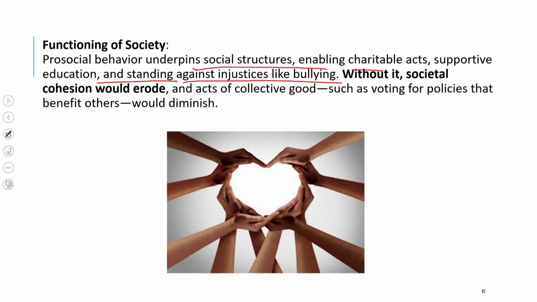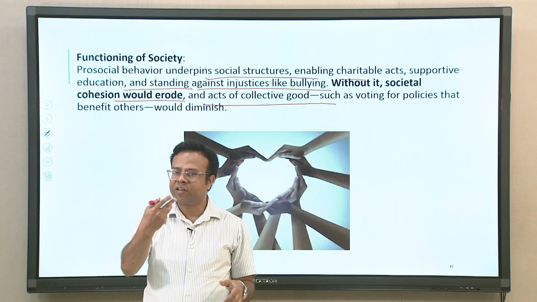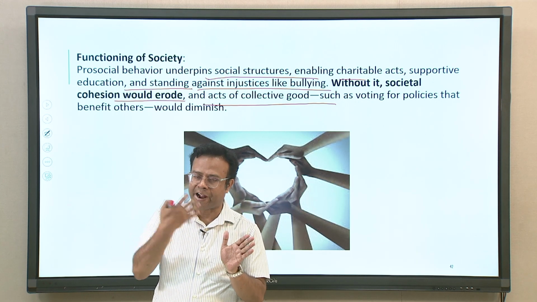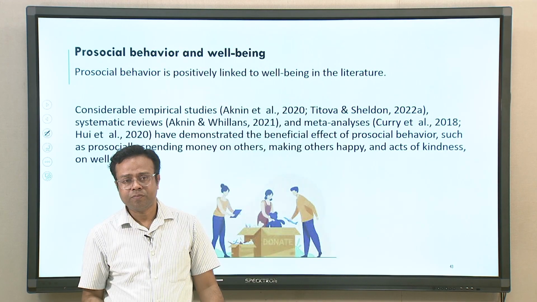Without it, social cohesion would erode, and acts of collective good such as voting for policies that benefit others would diminish. So, it is an important aspect of social cohesion. People are connected to each other positively in a society, and one of the reasons is this sense of kindness and prosocial behavior.